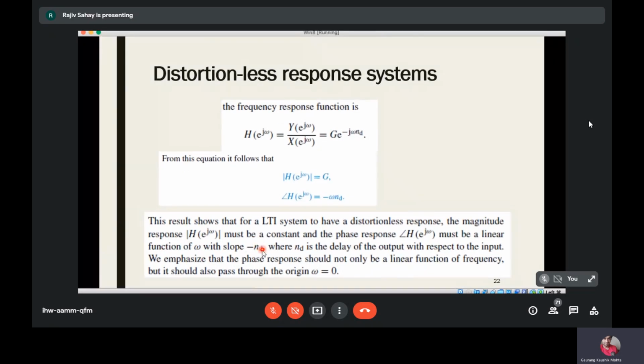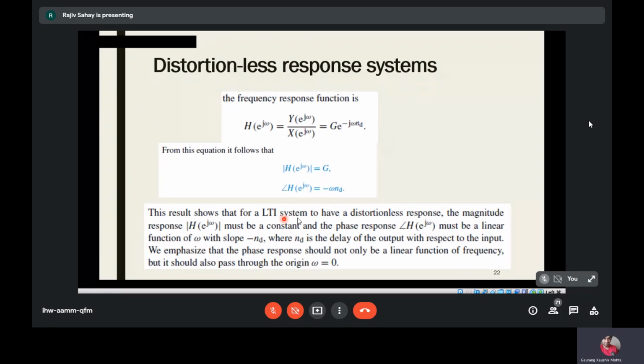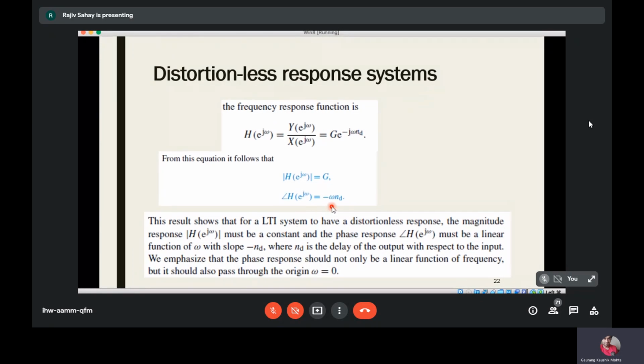Please be careful. In all the vivas that I have attended till now, every student has drawn the phase response as a line passing through the origin with a positive slope, which is absolutely wrong. Positive slope means you are talking about a non-causal system.